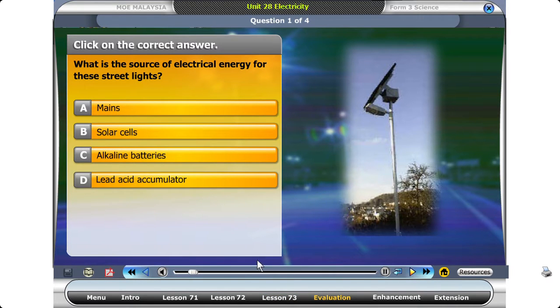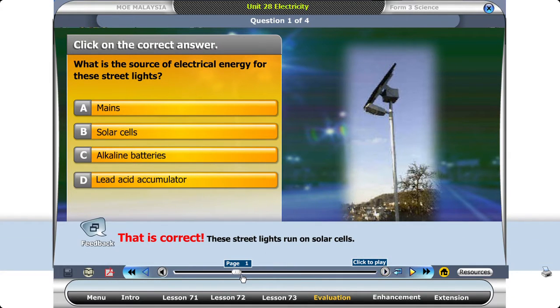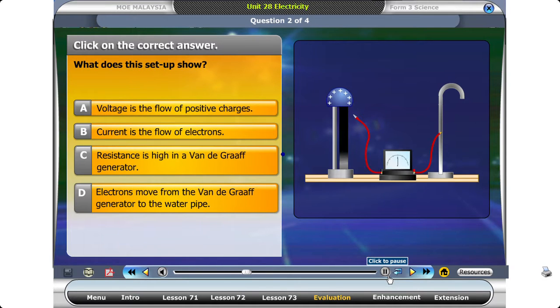What is the source of electrical energy for these street lights? That is correct. These street lights run on solar cells. What does this setup show?